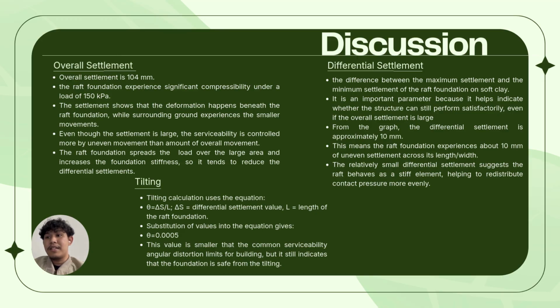This means the raft foundation experiences about 10 mm of uneven settlement across its length or width. For the tilting calculation, use the equation below, and substituting the values into the equation gives 0.0005. This value is smaller than the common serviceability angular distortion limit for buildings, so it indicates that the foundation is safe from tilting.